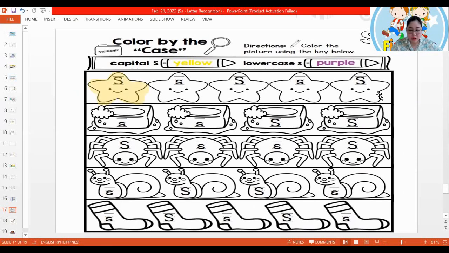Look at Teacher Sarah. I'm coloring inside the black lines and also coloring everything so that no white spaces will be left. So we found 3 capital letter S stars. We have already 2 capital letter S soaps.